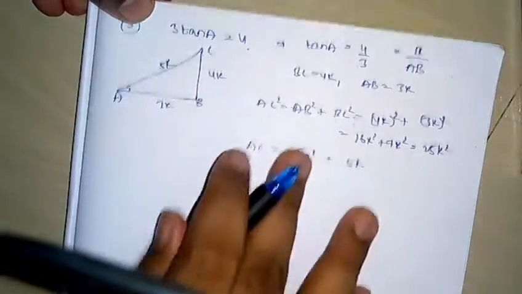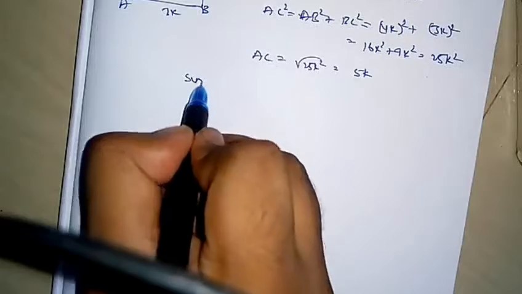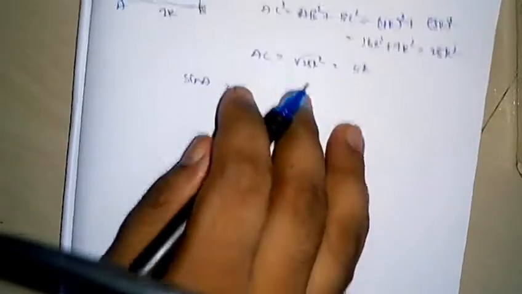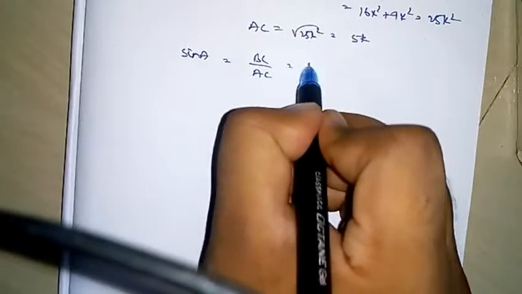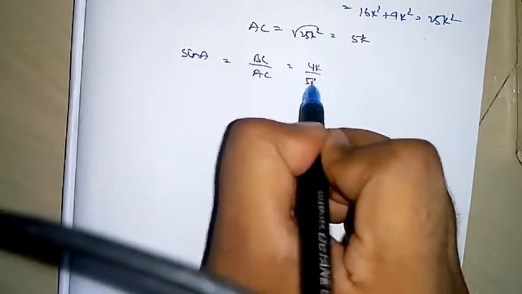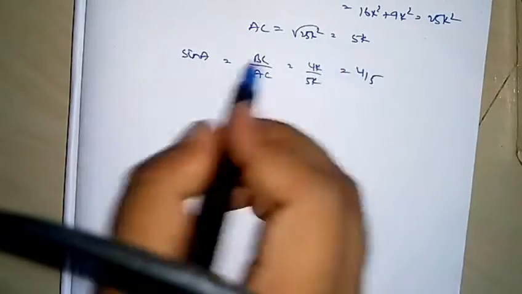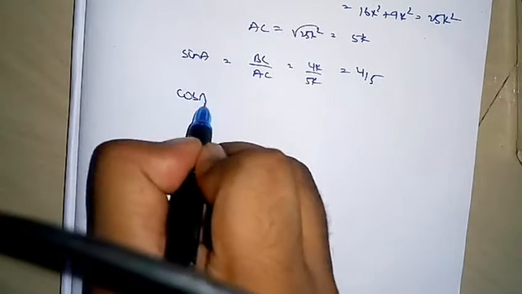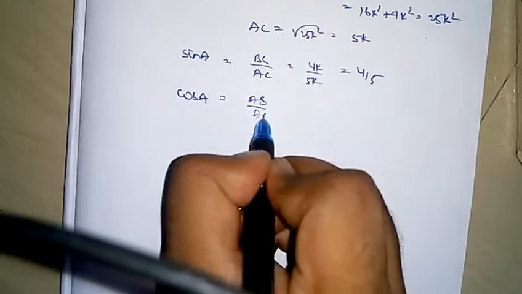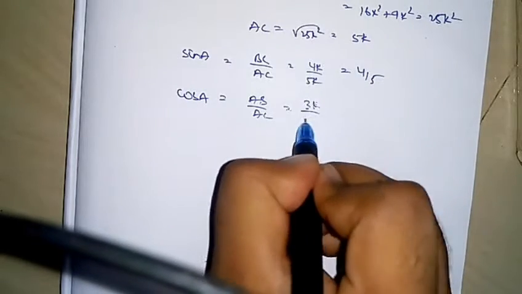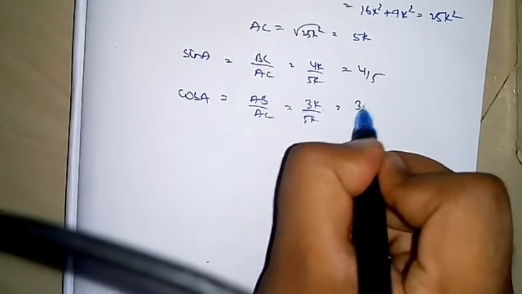This is 5K. Now sin A will be equal to opposite side BC by AC, which is 4K by 5K, or simply 4 by 5. Cos A will be equal to adjacent side AB by hypotenuse AC, so it will be 3K by 5K, which is equal to 3 by 5.